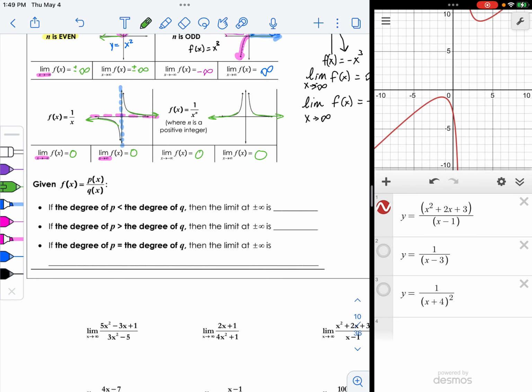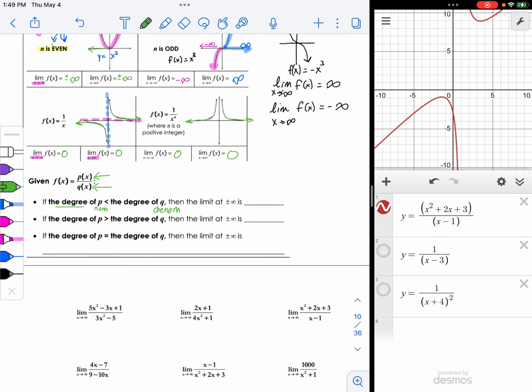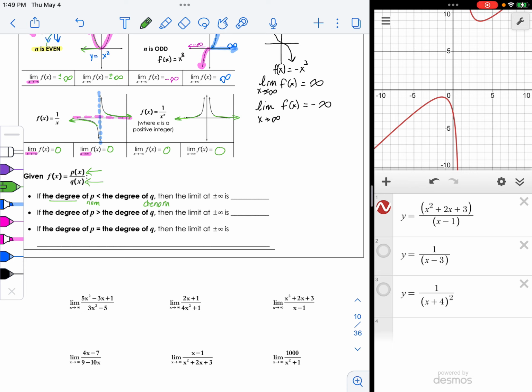So back in Algebra 2, they talked to you about situations when you have a function in a numerator and a function in the denominator. And we said if the degree of your numerator was less than the degree of your denominator, so your numerator had a smaller degree.